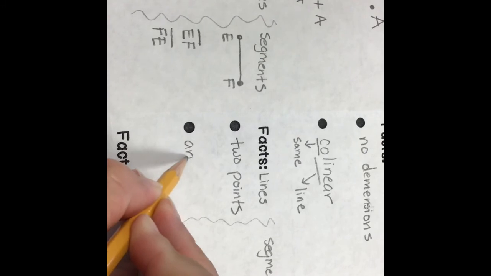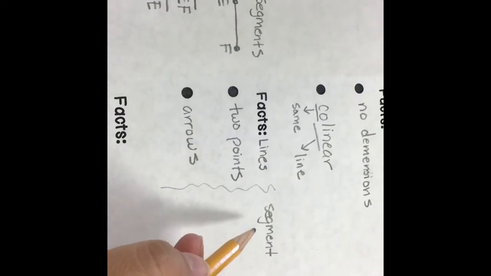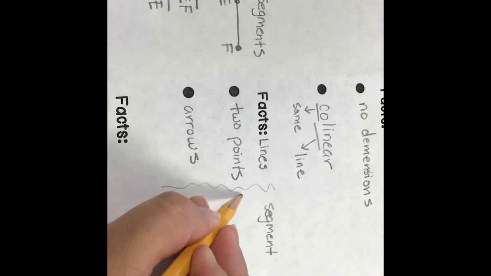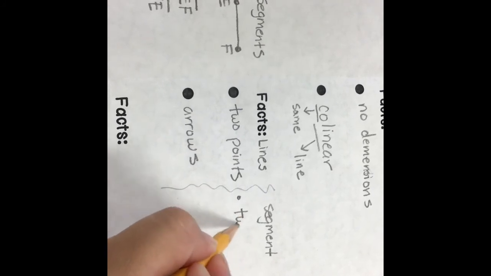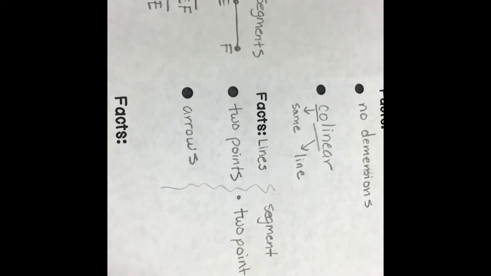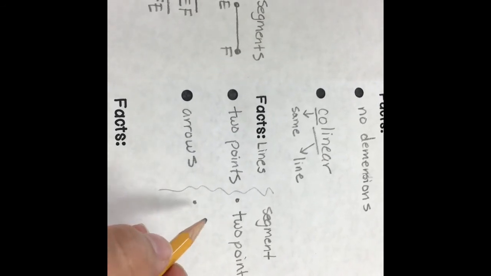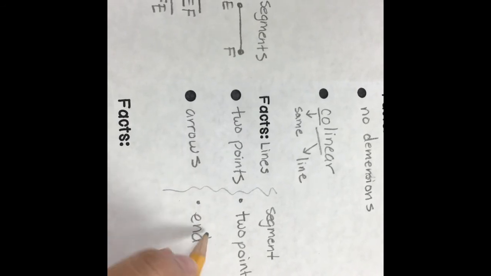Arrows. For a segment, how many points do we need? 2 points. Do we need arrows? No. We call this endpoints. We do not need arrows, we need endpoints.